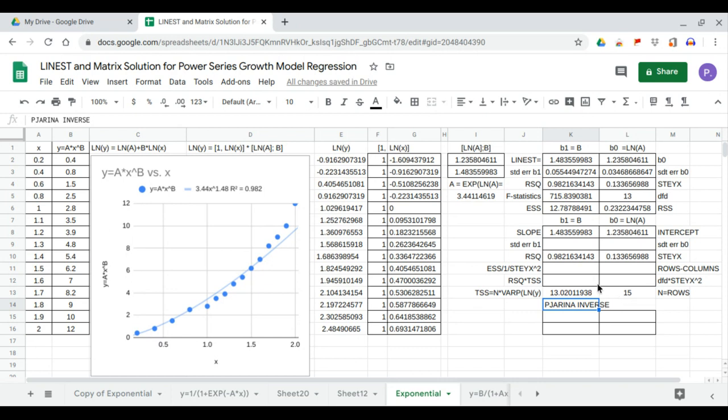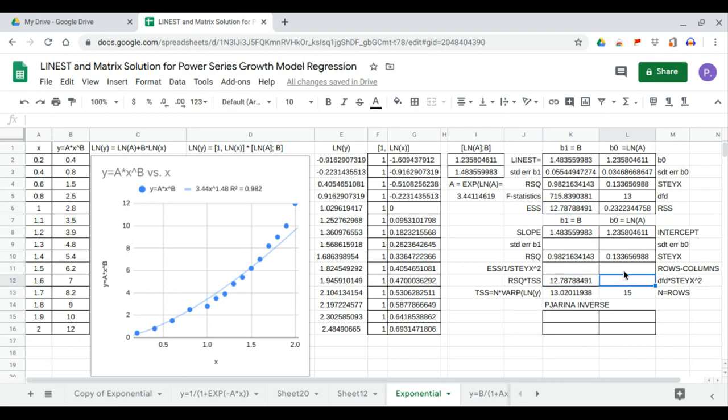Next, we calculate the regression sum of squares, which is R square times total sum of squares. 12.787 matches our LINEST output.